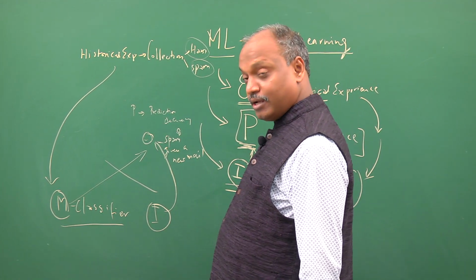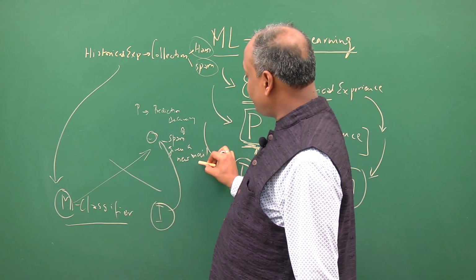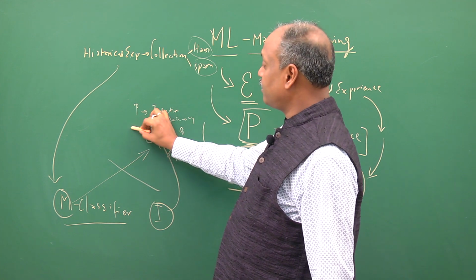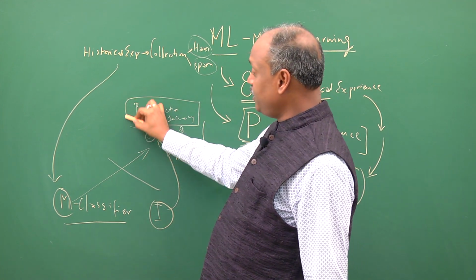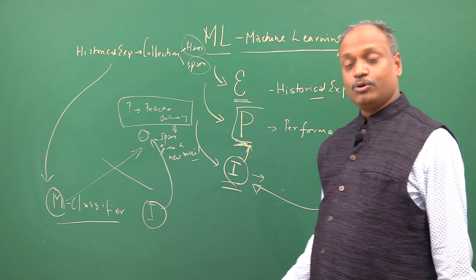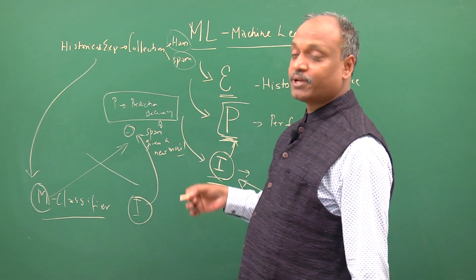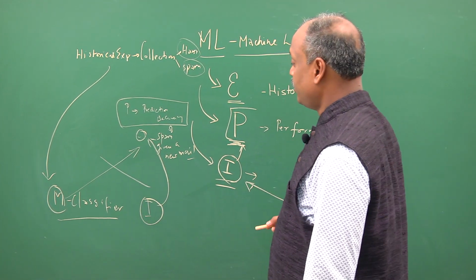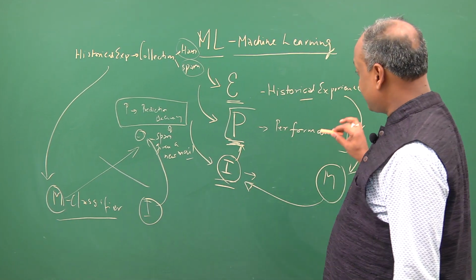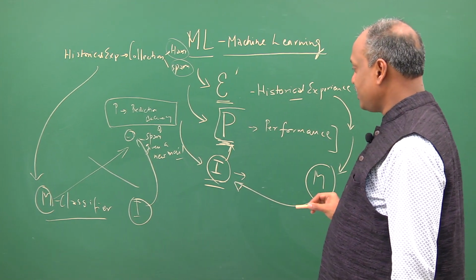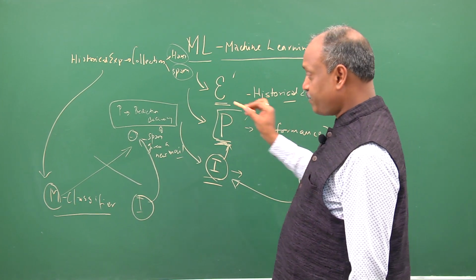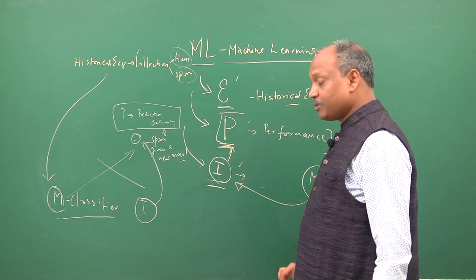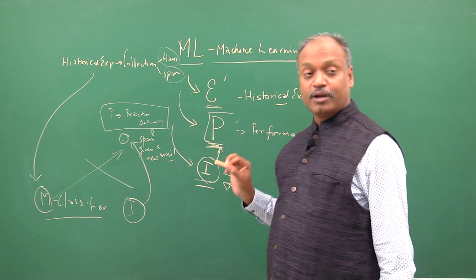Now when an incoming mail is coming, you have to classify it into ham or spam, and your prediction accuracy actually improves with time as you get better and better models with more and more experience knowledge gained, creating better and better classifiers as we go in time. So if you see here, we have examined all three elements: the notion of historical experience, the notion of performance, which is predicting whether something is ham or spam, how accurately you predict it, and then a model, which is used for improving the performance.